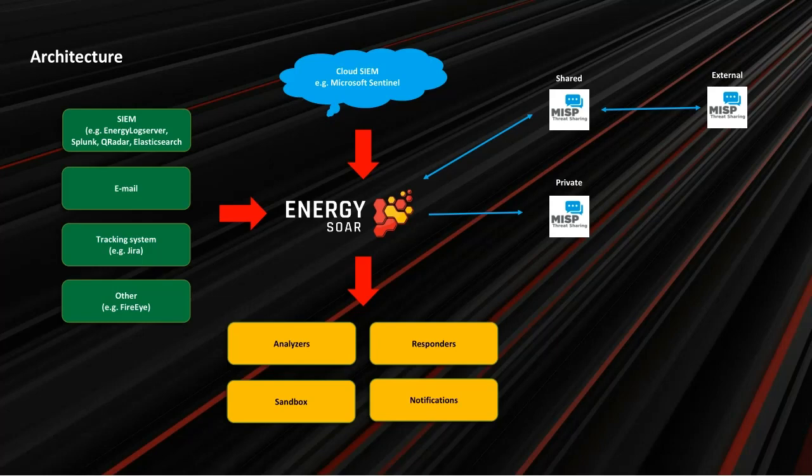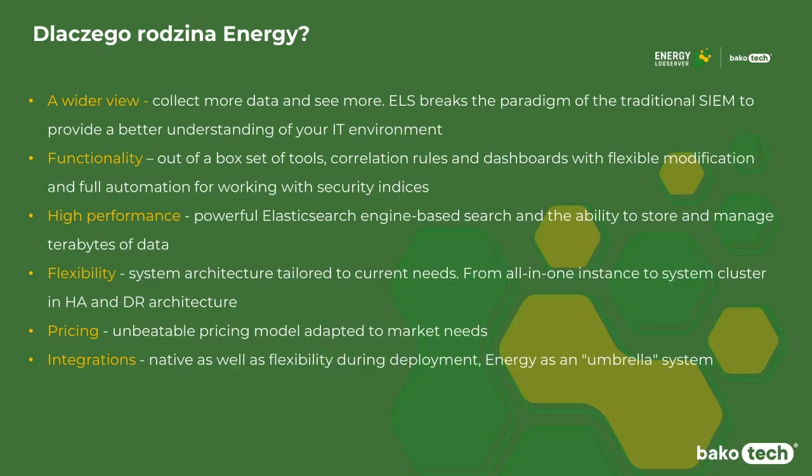Finally, Energy SOAR will help you analyze all these incidents and alerts and respond much more quickly. Our platform has a built-in sandbox to check suspicious files, and we can also notify internal or external users about the results.